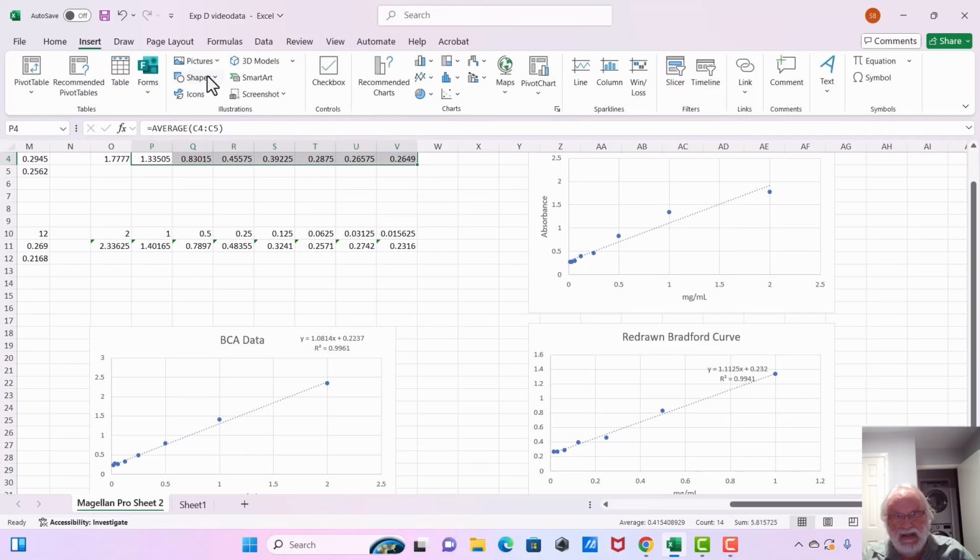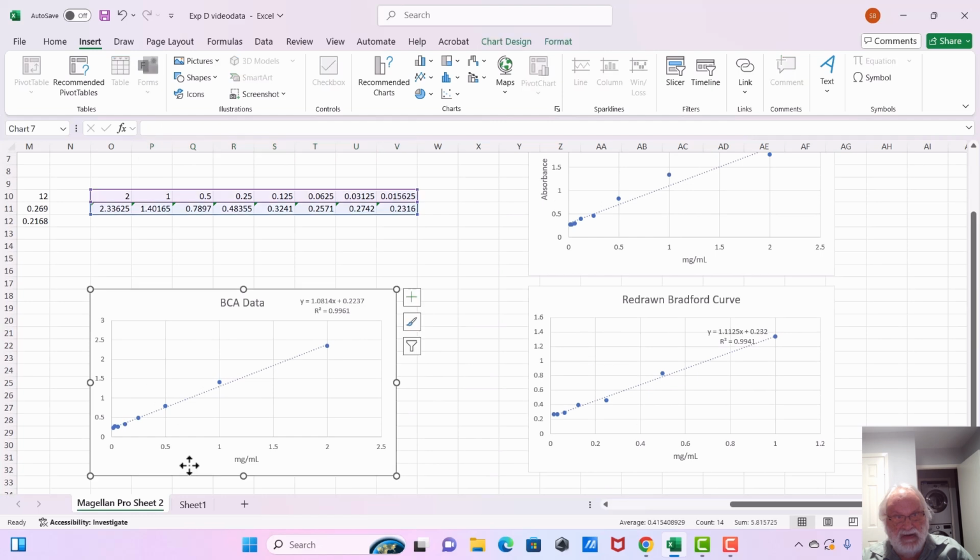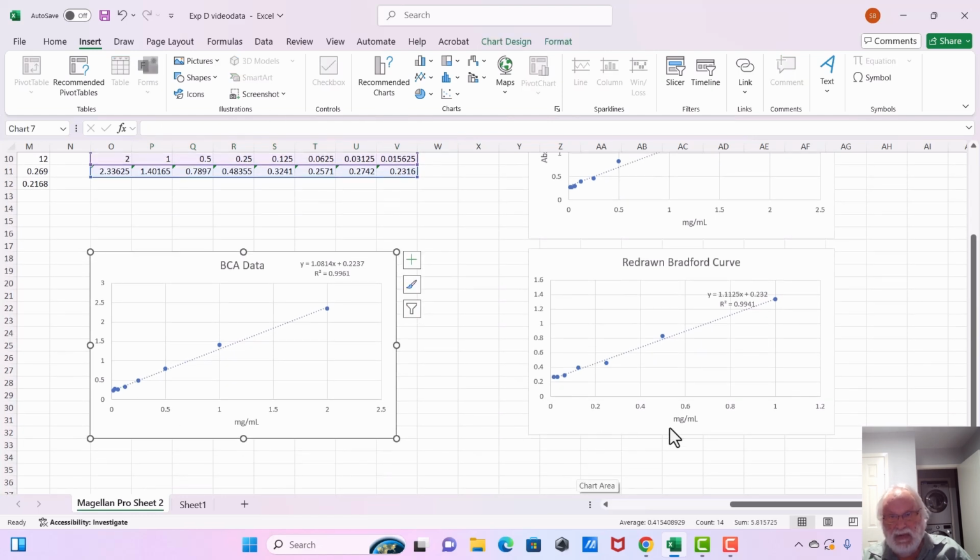Oh, come on, where's the graph thing? Where's the graphing line? Okay. Oh, we just need to click on this and it should go to that format. No, let's go ahead and do with that later, and I'll talk a little more about that later. We have the axis as milligrams per ml, and the other axis should be absorbance. We have these two curves.